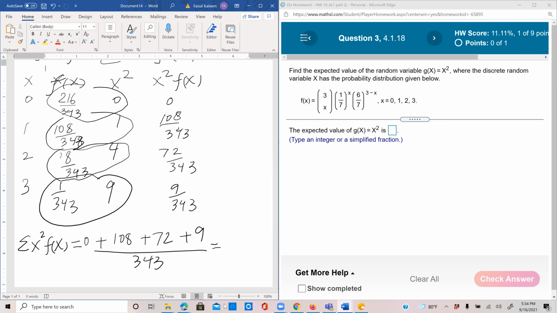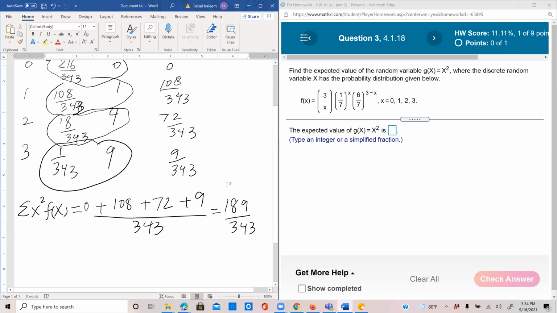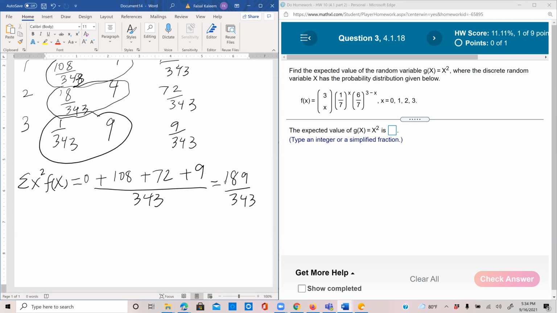And that comes out to be 189 over 343. And 189 goes by 7. So 7 twos are 14, so 7 times 27, and 7 times 49. So 27 by 49.